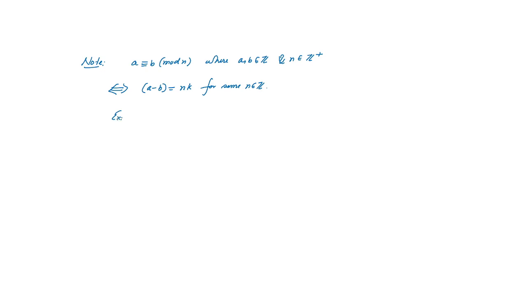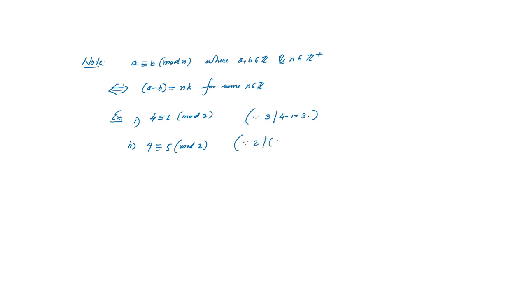As an example, we can say 4 is congruent to 1 mod 3. Why? Because 3 divides 4 minus 1, that means 3. Or we can write 9 is congruent to 5 mod 2. Why?